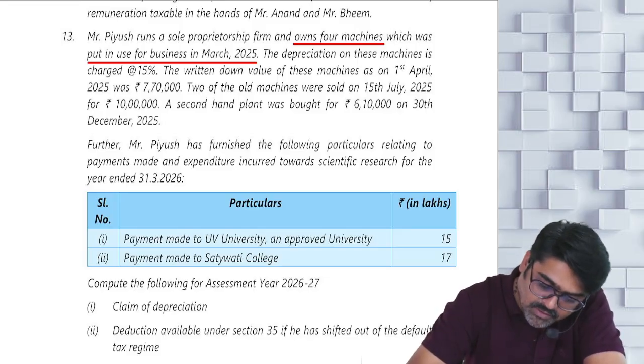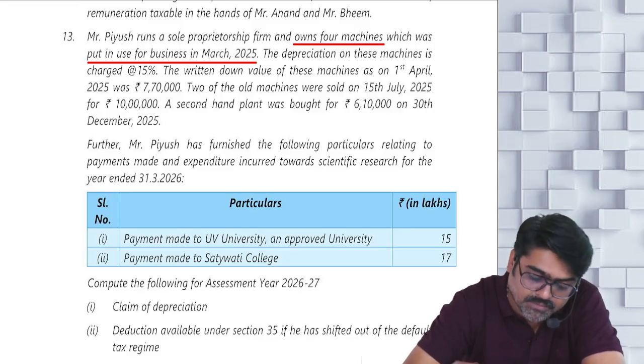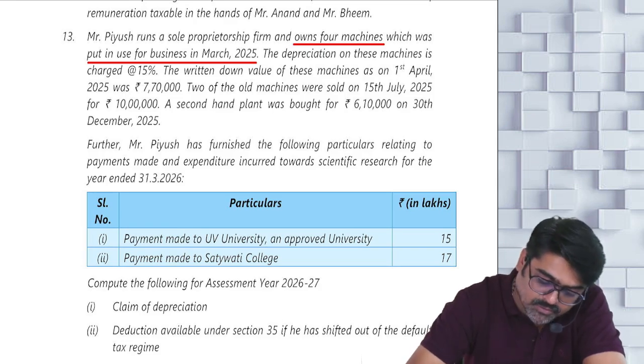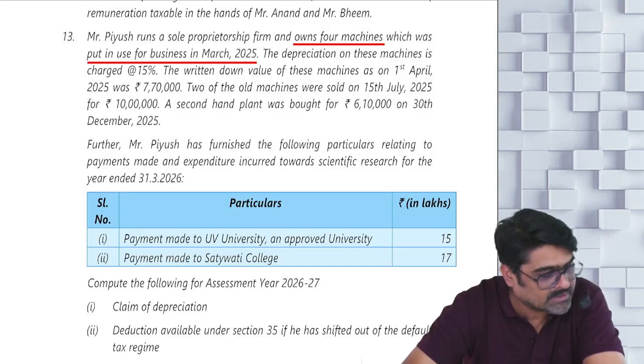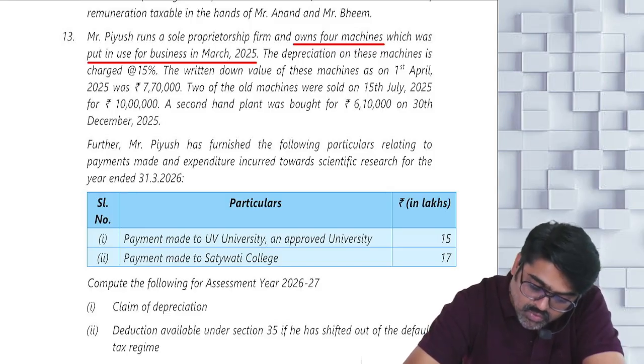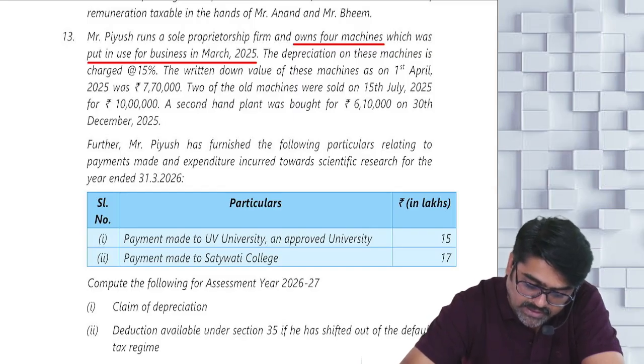The depreciation on these machines is charged at what rate? 15%. The WDV of these machines as on 1st April 25 was 7,70,000. 2 of the old machines were sold on 15 July 25 for 10 lakhs. A second-hand plant was bought for 6,10,000 on 30th December.